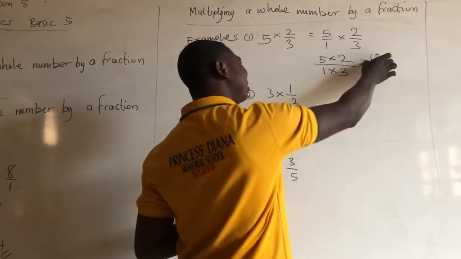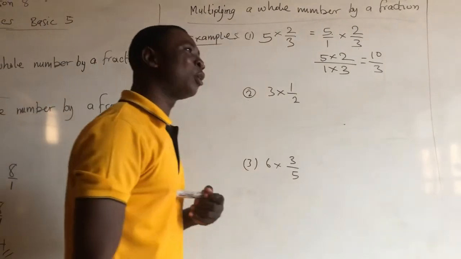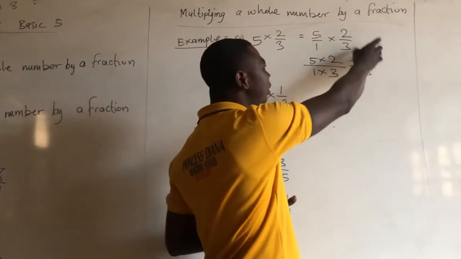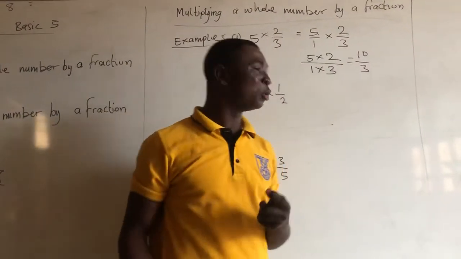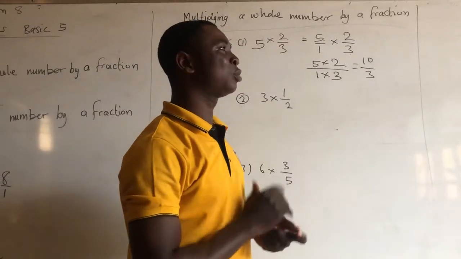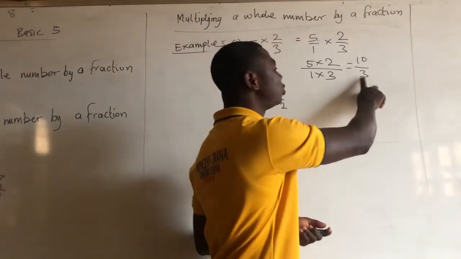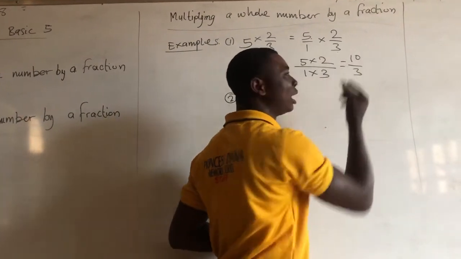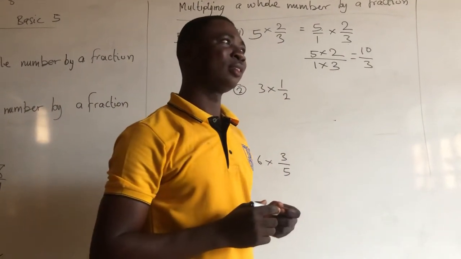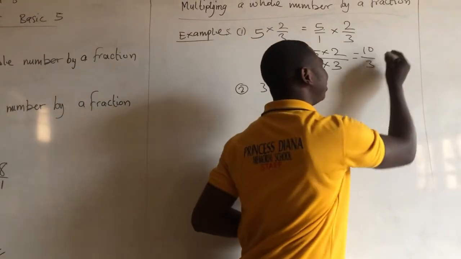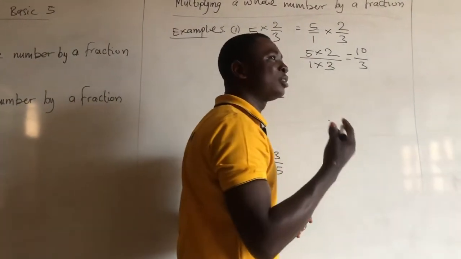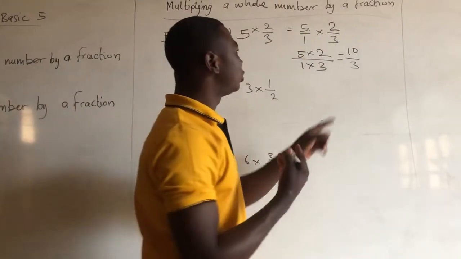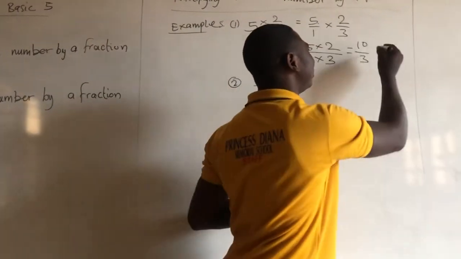But you see this is a disaster. Why? Because a small boy carries a big load. So what do we do? We have to break it down to the simplest form. We have to change this to a mixed fraction. So how many times will 3 go into 10? 3 times 3 is 9. So it can go inside 3 times.